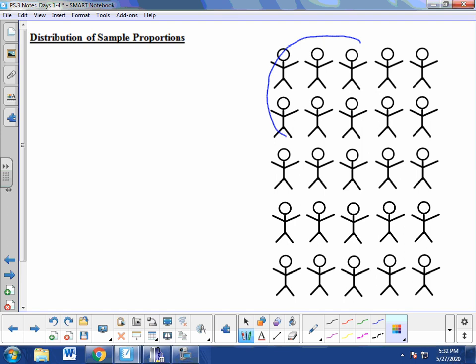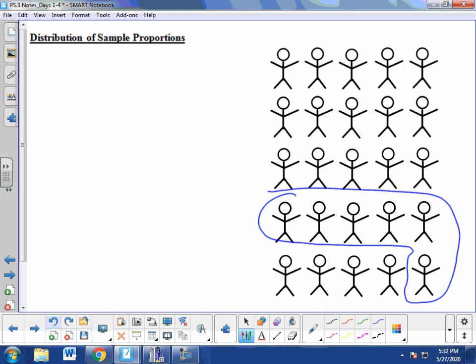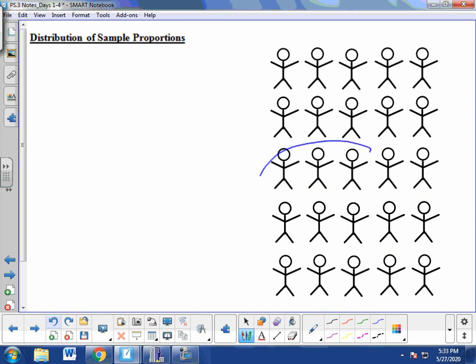So here I choose these 6 people and I survey them to represent the whole group. Or maybe I could do these 6 people. In that case, I could sample 2 different groups of 6 people and get different results. Both of them, though, would ideally represent the population. The bigger my sample is, the better results I'm going to have.